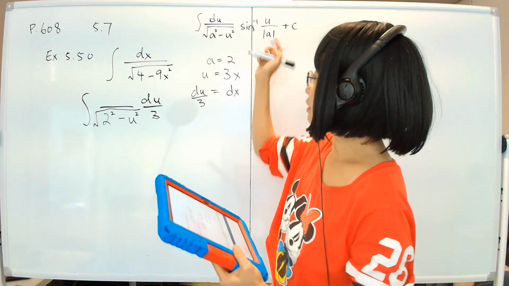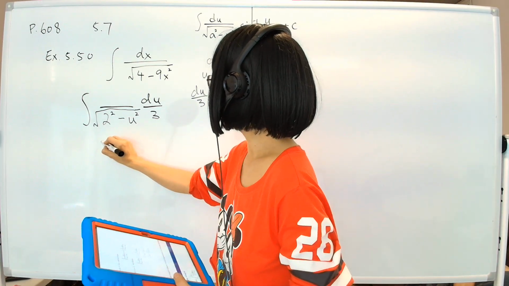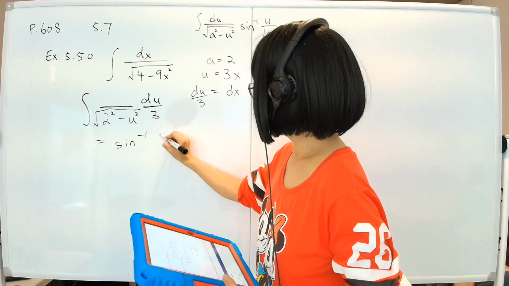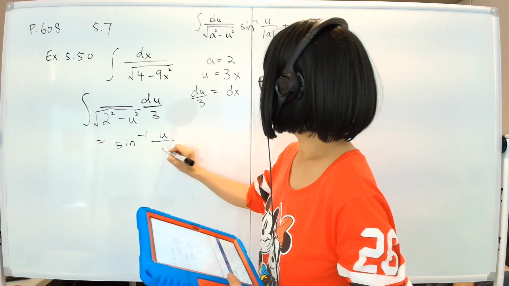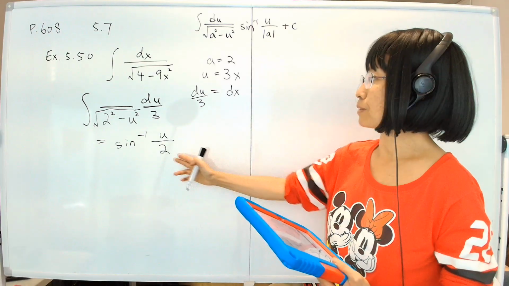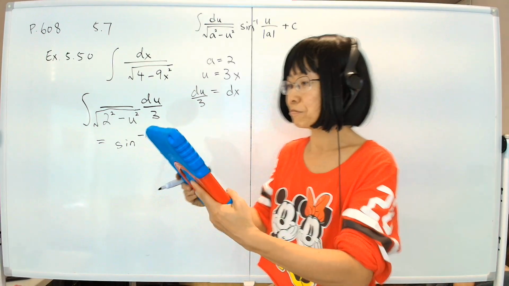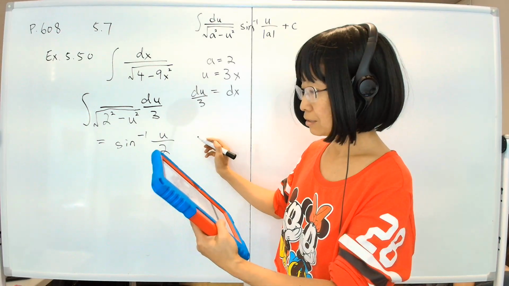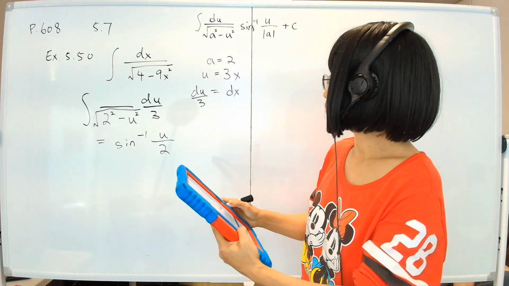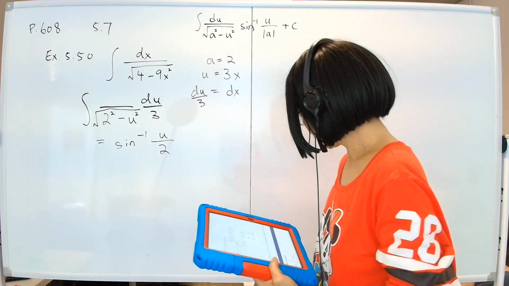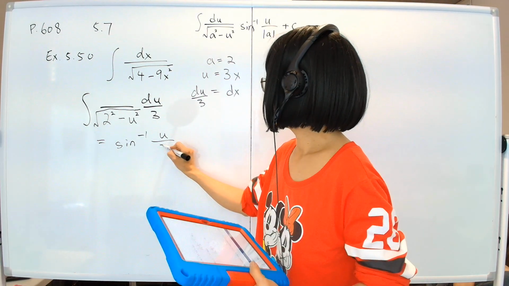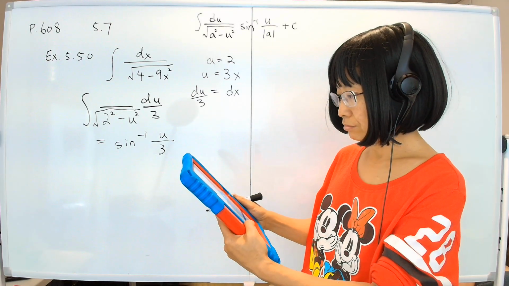Then we apply this formula, which says this equals sine inverse of u over a, which is 2. For a, we only pick the absolute value, which just means we pick the positive value, which is what we always do anyway. But that's not all. Where's my 1/3?